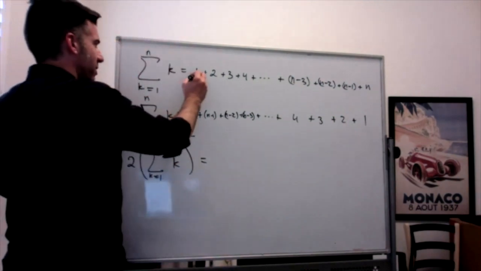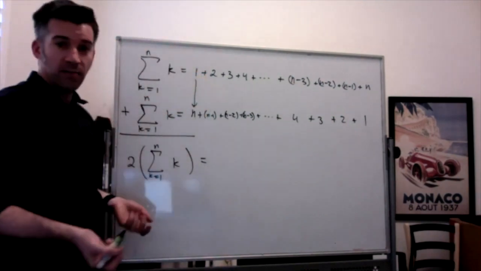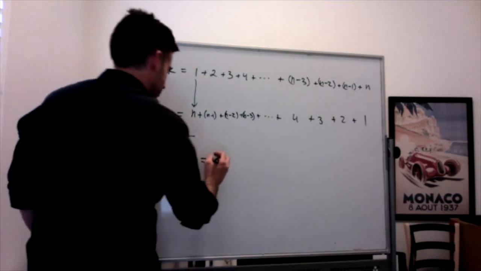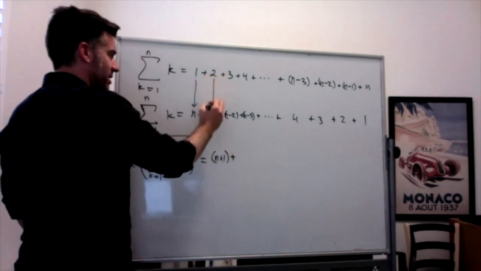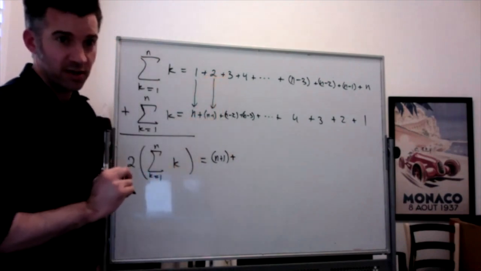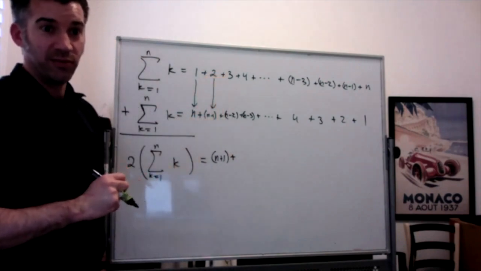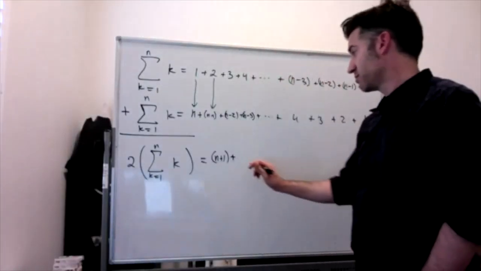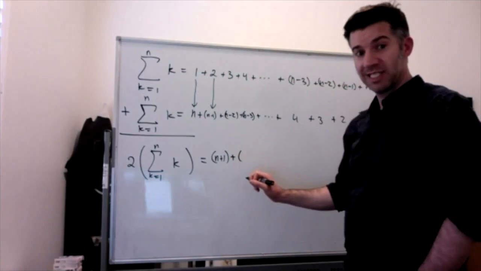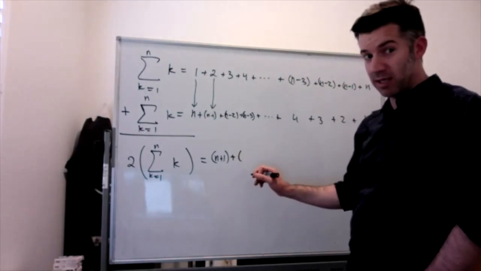So when I add this to this, n plus 1 is n plus 1. When I add this to this, somebody help me out. What's n minus 1 plus 2? You could type it in the chat.